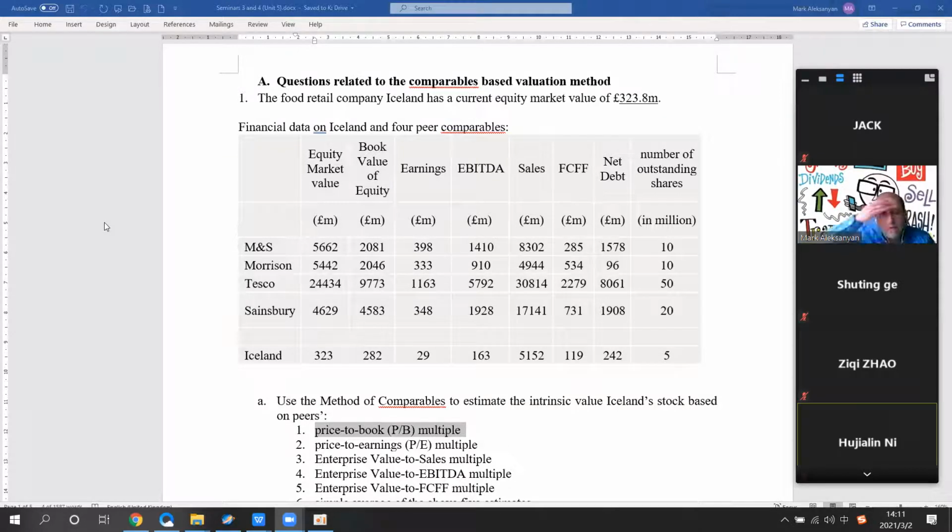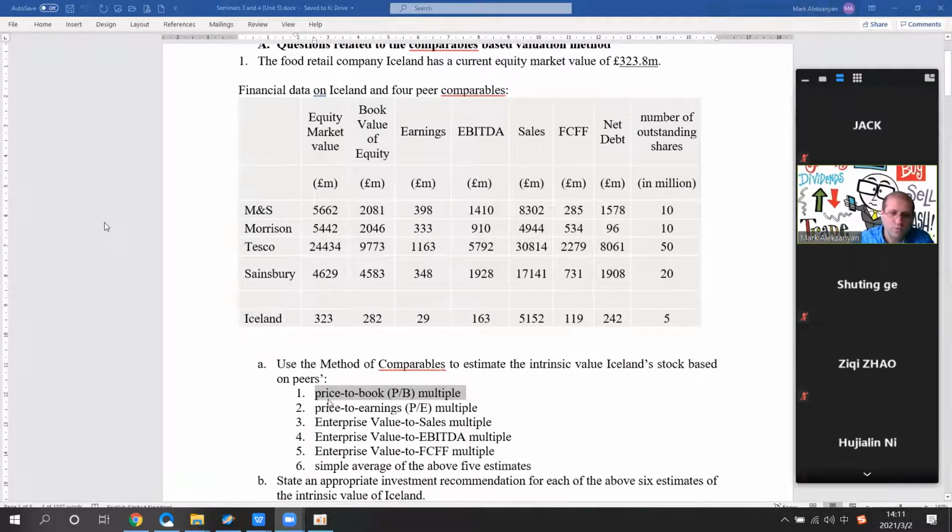It's not efficient. Yes, so for the price to book multiple, let's just remember what the steps are. What you need to do is to compute the price to book multiple for each of your peers. So you have 4 peers here. The way you compute the price to book multiple, you just divide the market equity value of your company, let's say M&S, Marks and Spencer, this figure divided by this figure would be the PB, or the price to book multiple for M&S.